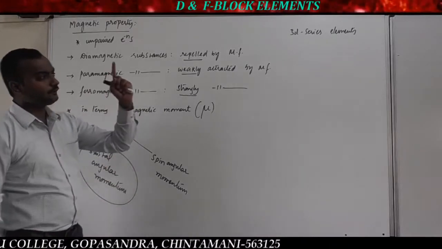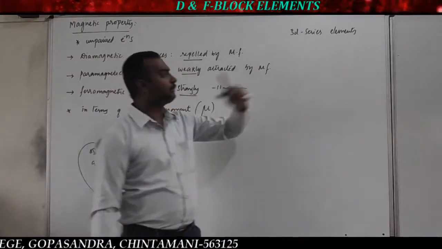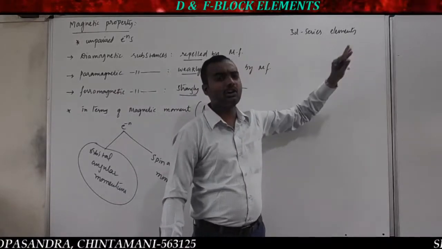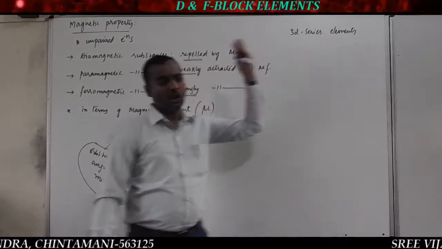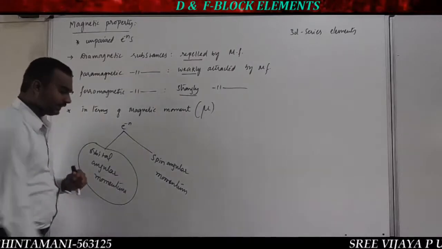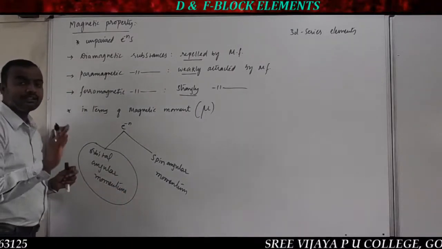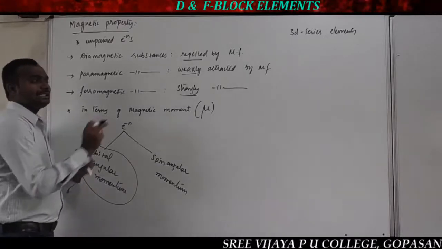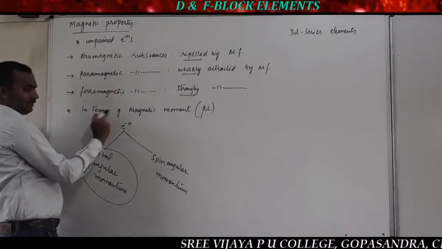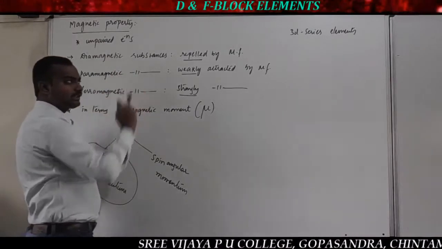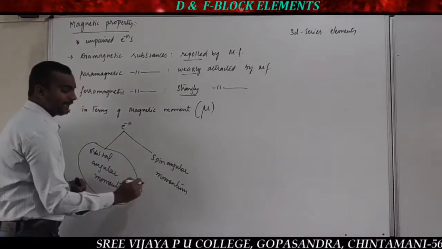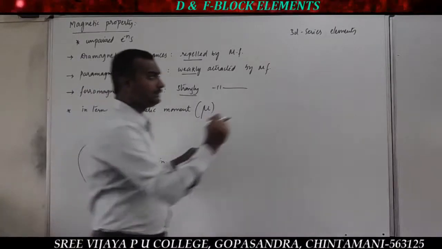In the calculation of the magnetic moment of 3D series elements or their ions, the orbital angular momentum doesn't give any significant contribution, so we can calculate the magnetic moment by taking the number of unpaired electrons.